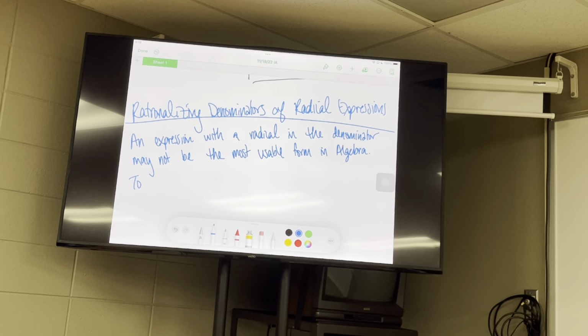So what that means is if I have a fraction and I see that I'm dividing by a radical expression, what we want to do typically is get rid of that radical, and that's what rationalizing the denominator means.